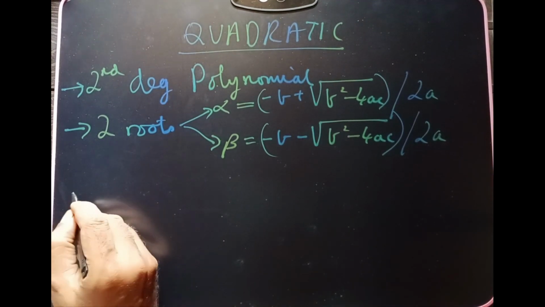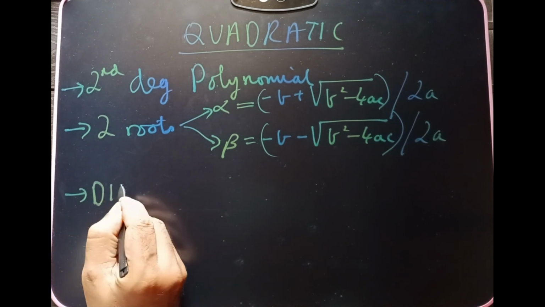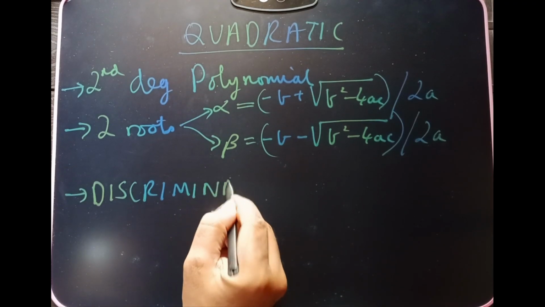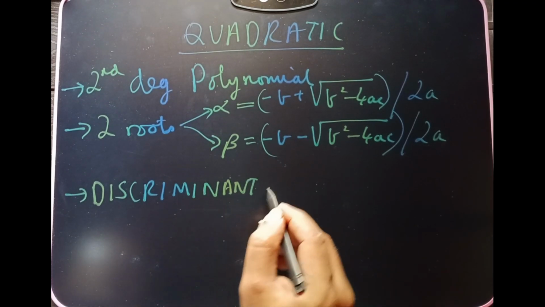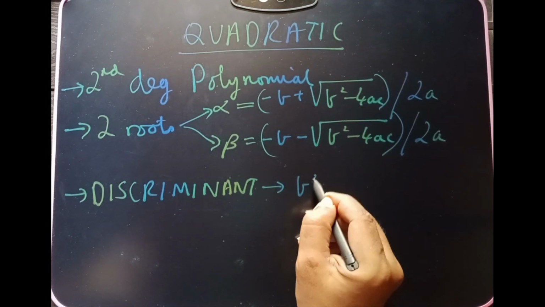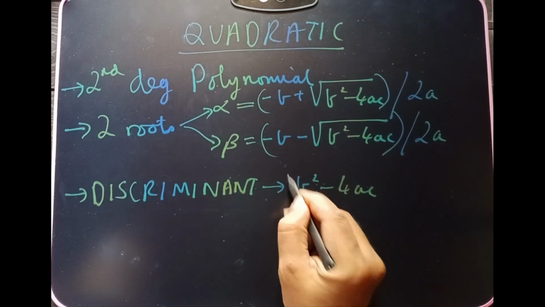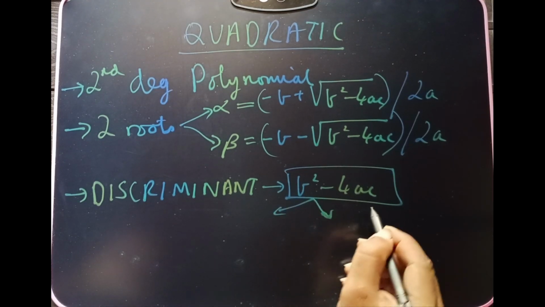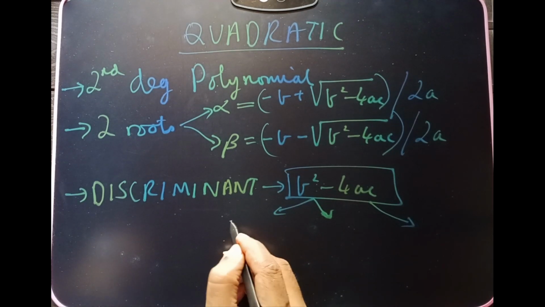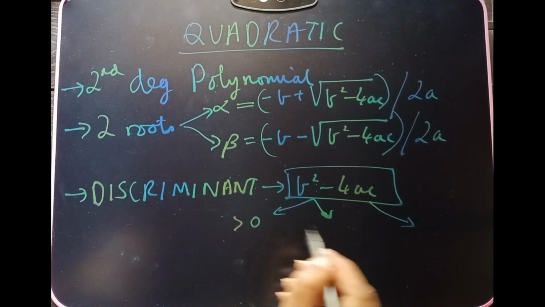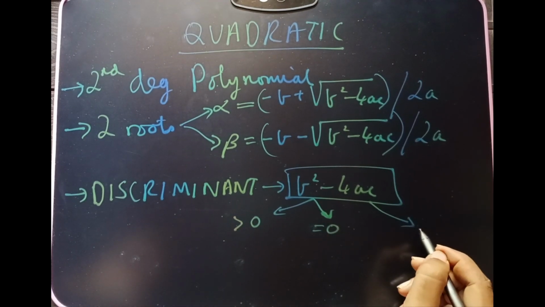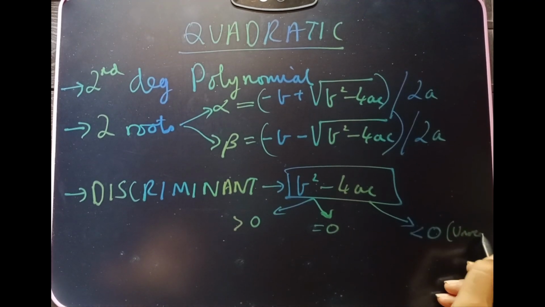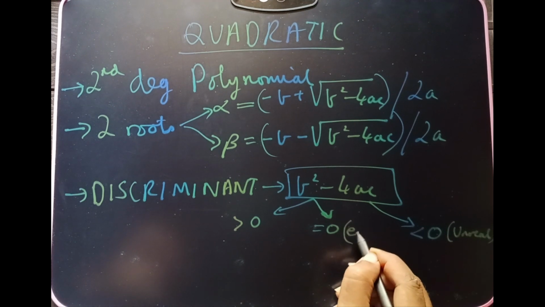Then you have seen about discriminant. Discriminant is b square minus 4ac. So for this b square minus 4ac, there are three possibilities: greater than 0, equal to 0, or less than 0. If it is less than 0, the roots are unreal. If it is equal to 0, you'll have equal roots.